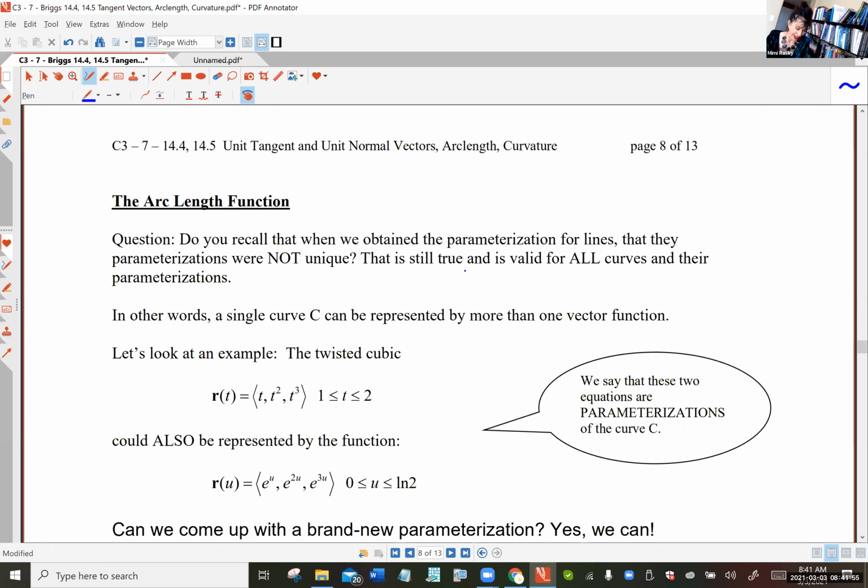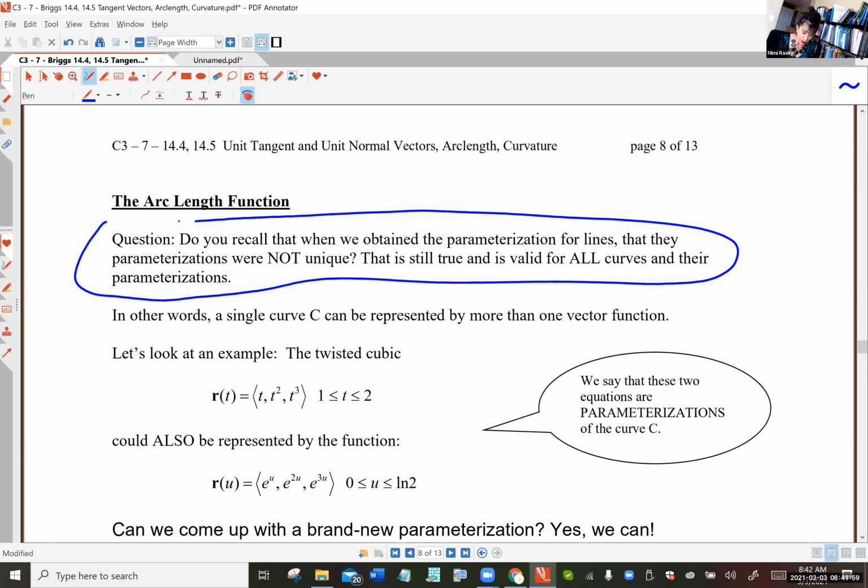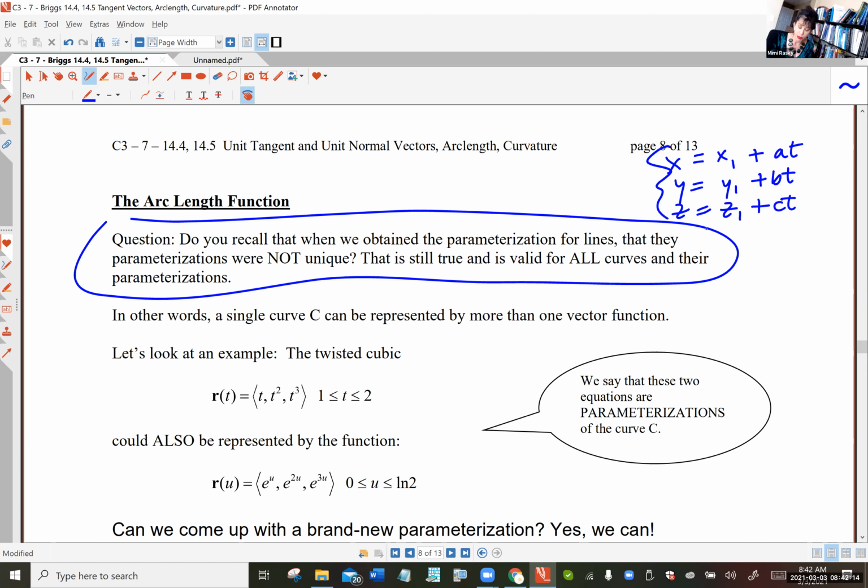Okay, so let's start off with some motivation. Do you recall that when we learned how to come up with the parametric equations for a line, I told you they're not unique? You might have a different answer than me, but we're both right.